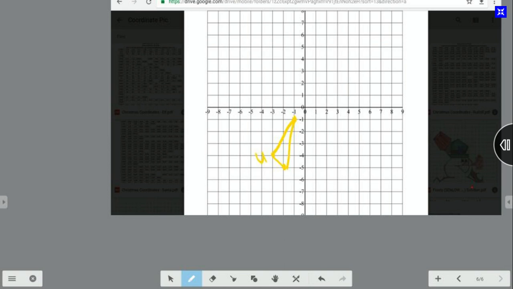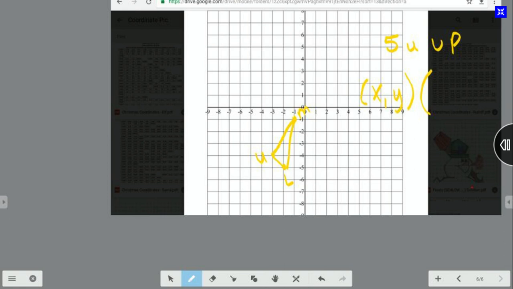U, M, and L. What's my rule going to be? All I have is 5 units up. X, Y. Am I going to do anything to X?